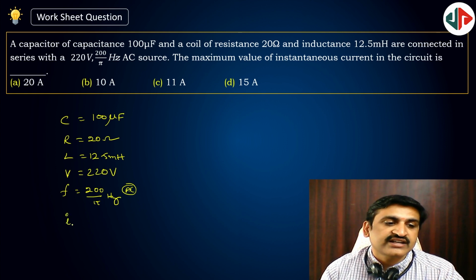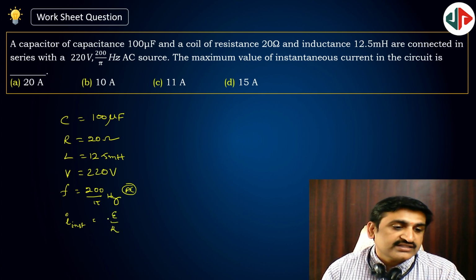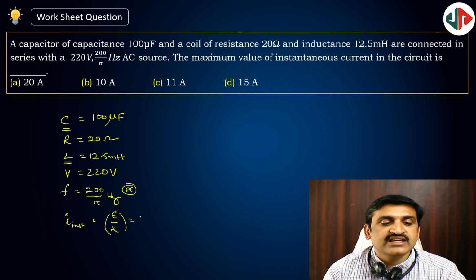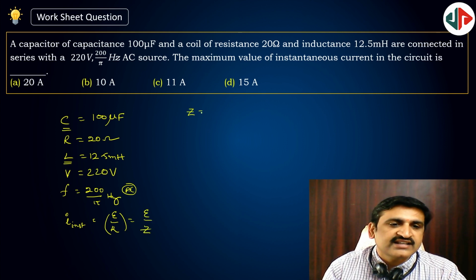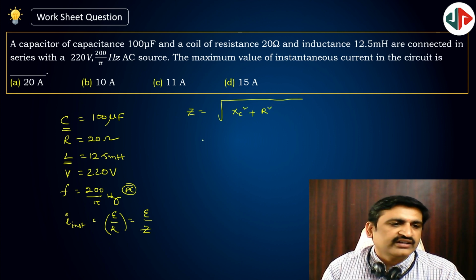For current we have I is E by R as the general formula, but here capacitance is there, inductance is there, so obviously it will be E by Z. What is Z? Inductor is also there, right?